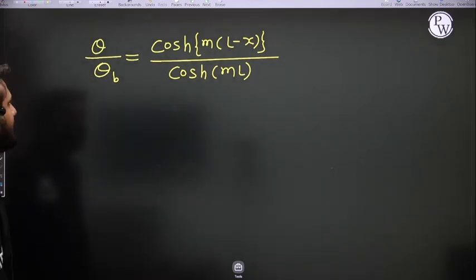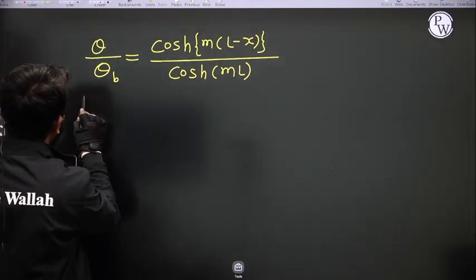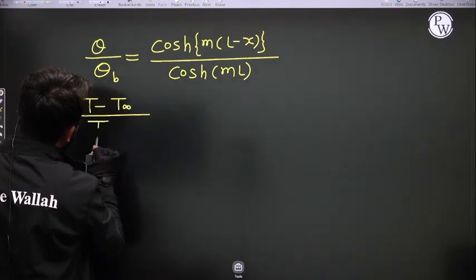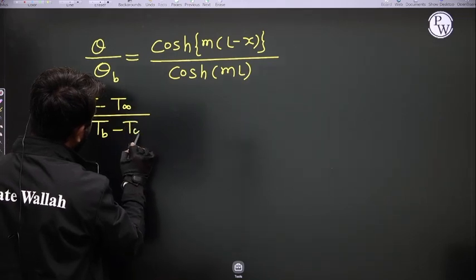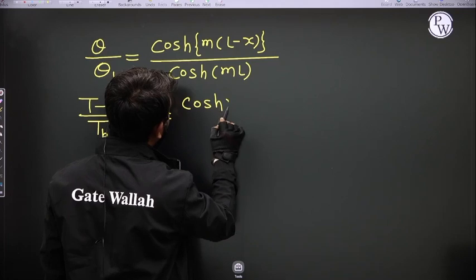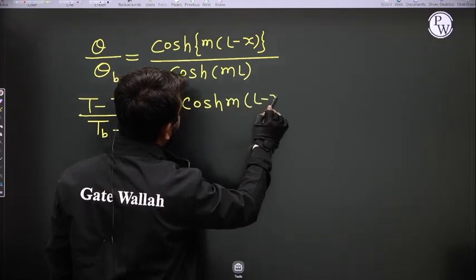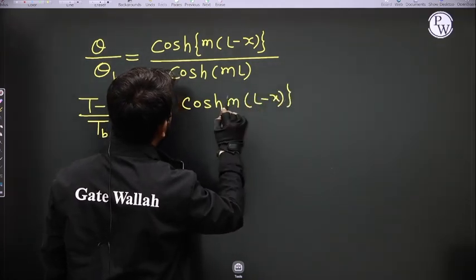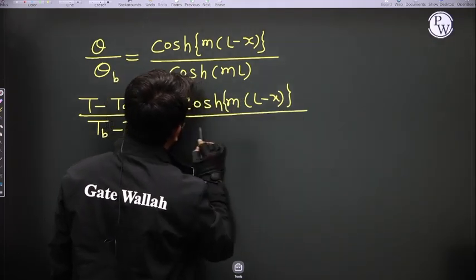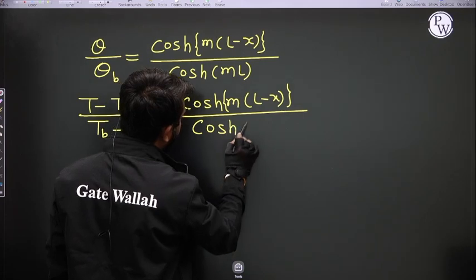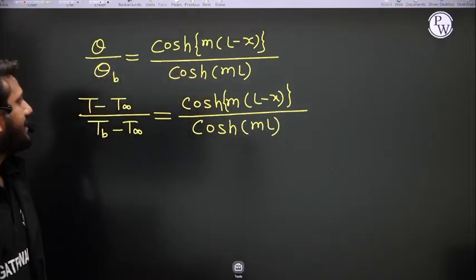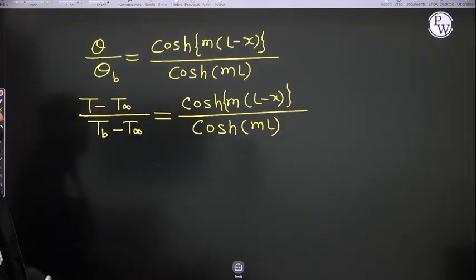You can write this mathematical expression in this way also: (T minus T infinity) upon (T_b minus T infinity) is equal to cosh m(L minus x) upon cosh mL. So this is the temperature variation with respect to x.